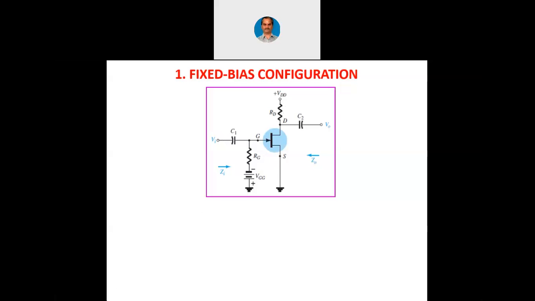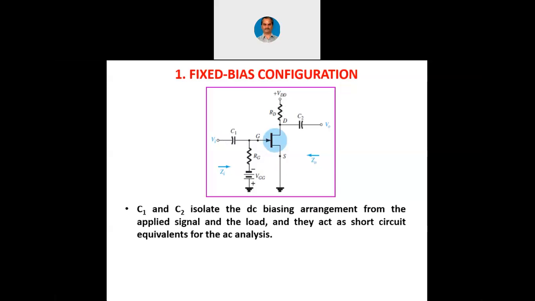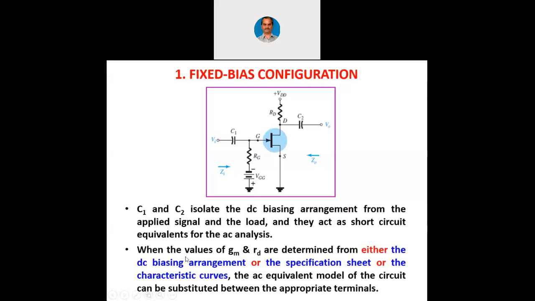Anyhow, I am going to show you the circuit now. C1 and C2 isolate the DC biasing arrangement from the applied signal and the load, and they act as short circuit equivalents for the AC analysis. This we already know. The values of GM and RD are determined from either the DC biasing arrangement, the specification sheet, or the characteristic curves. See, we have three choices now.